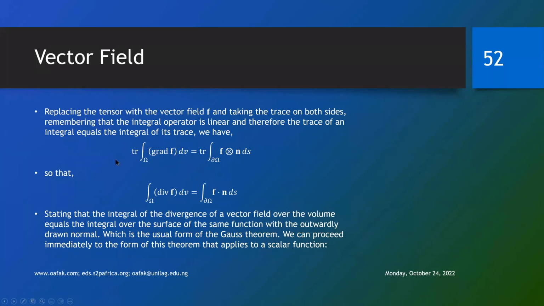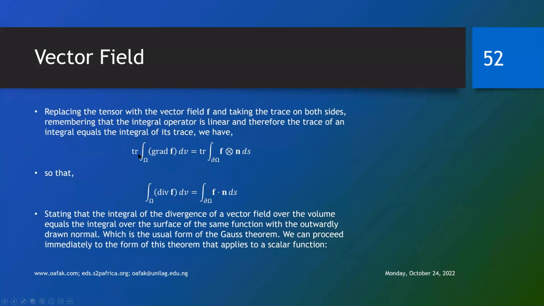Now, if we take the trace of both sides, you will remember that the trace of grad is called divergence. So if you take the trace of a grad, you get the divergence. And when you take the trace of a tensor product, you replace that tensor product with a dot.